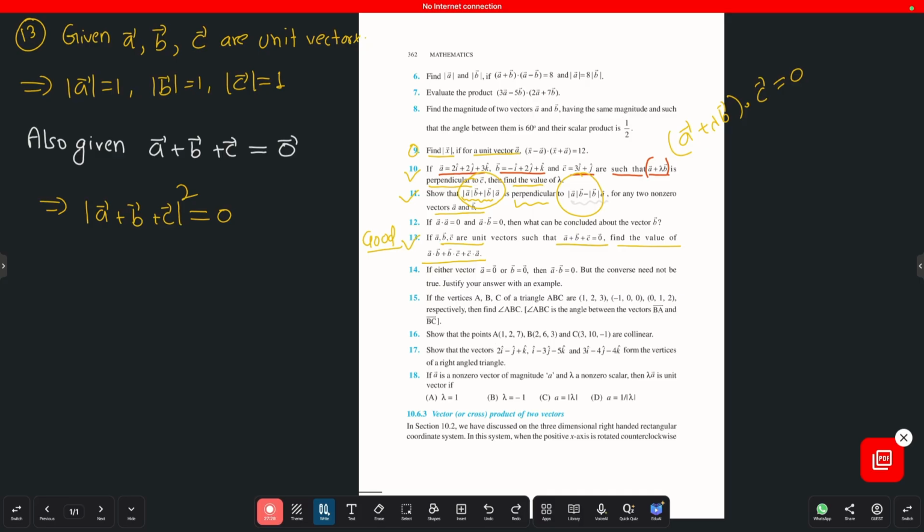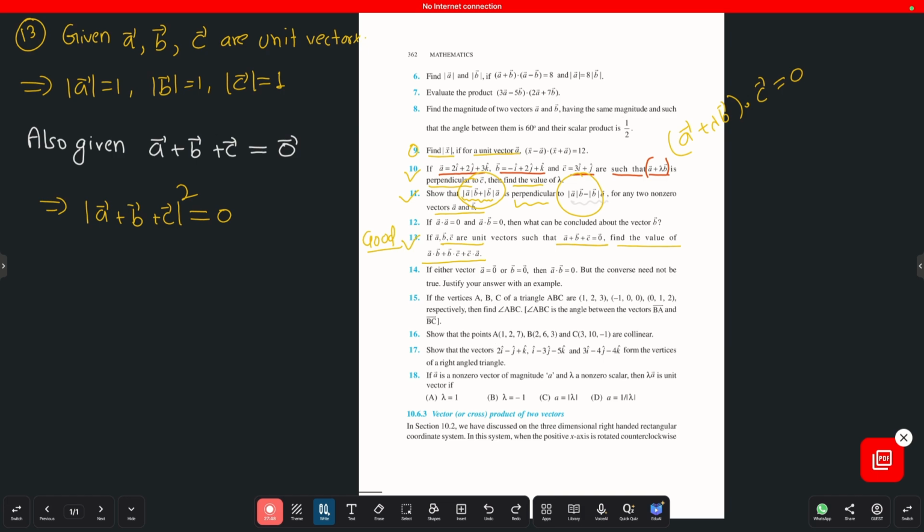So open like this. Do you remember the formula for A plus B plus C whole square? A square plus B square plus C square plus 2AB plus 2BC plus 2CA. But whenever AB means multiplication of A and B, then we have the dot product.